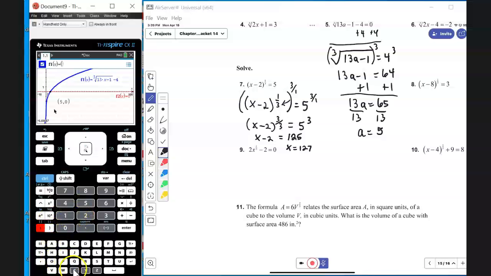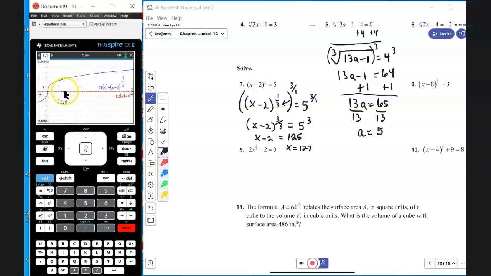And we have x minus 2, control division, 1/3. Press enter. And there's our graph.